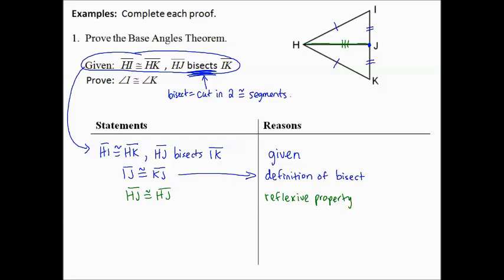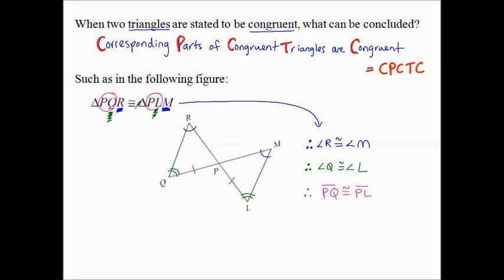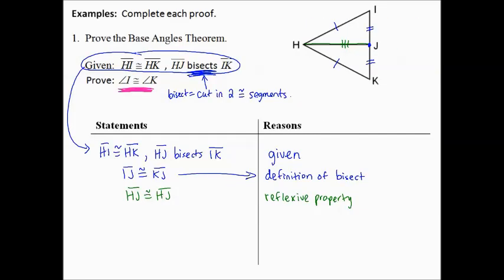Now remember, always look at our goal. Where are we headed? We're trying to prove that angles are congruent. But remember what we said earlier. If we know that triangles are congruent, we can conclude any of the corresponding parts congruent that we want to. So let's try to get triangles to be congruent. Do I have congruent triangles in this picture yet?